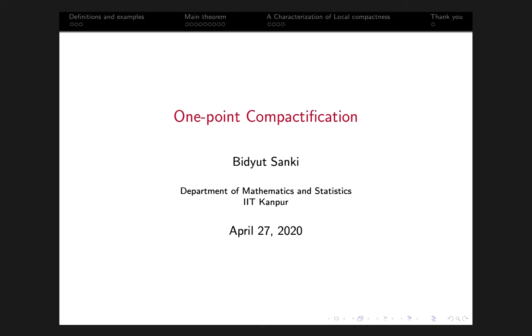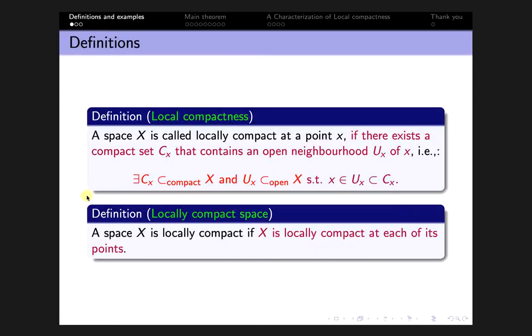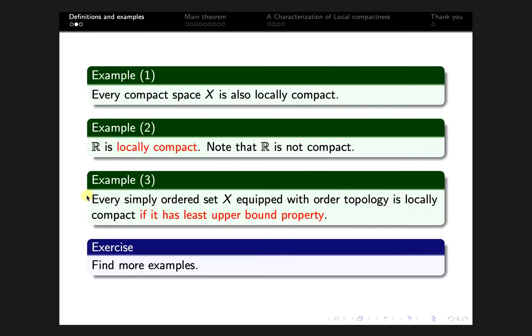Well, in the first video on one-point compactification, we have defined local compactness, and we have given some examples of locally compact topological spaces.